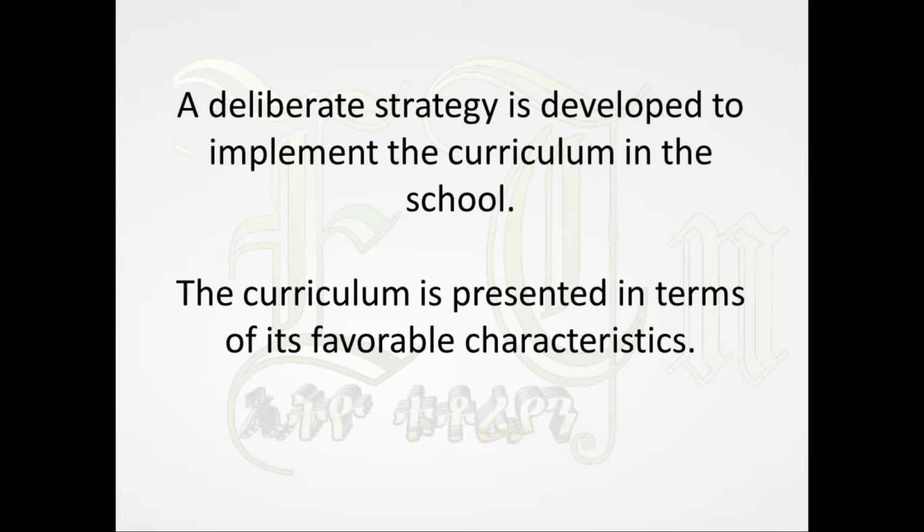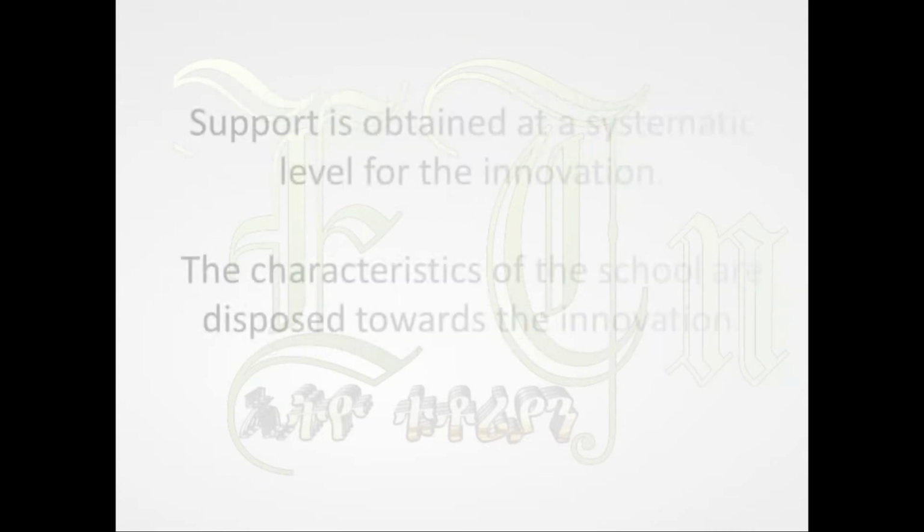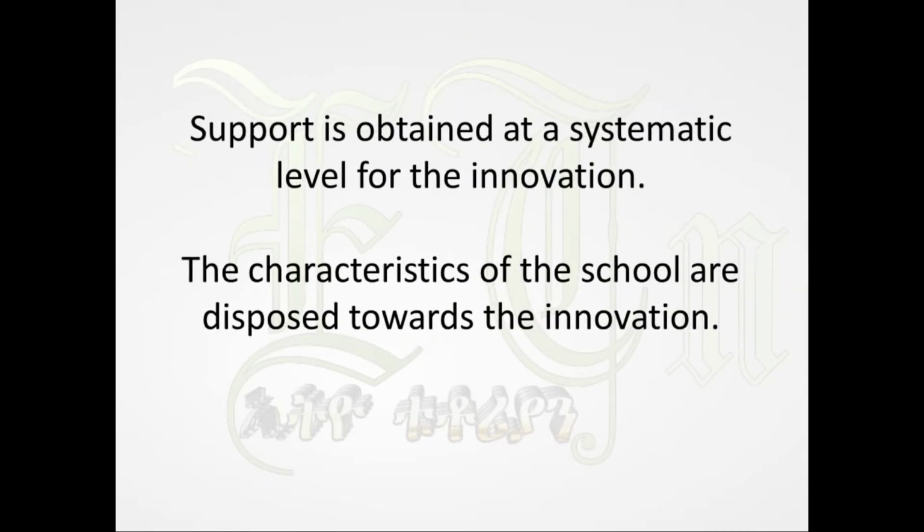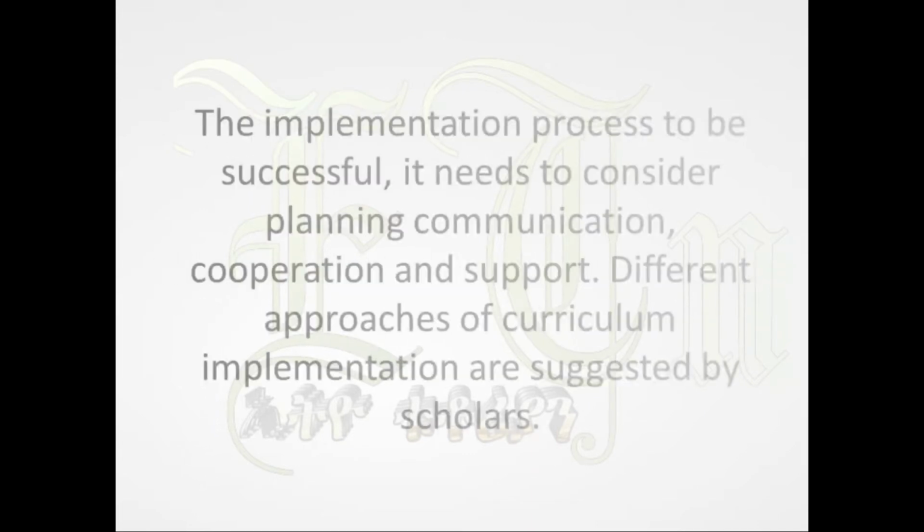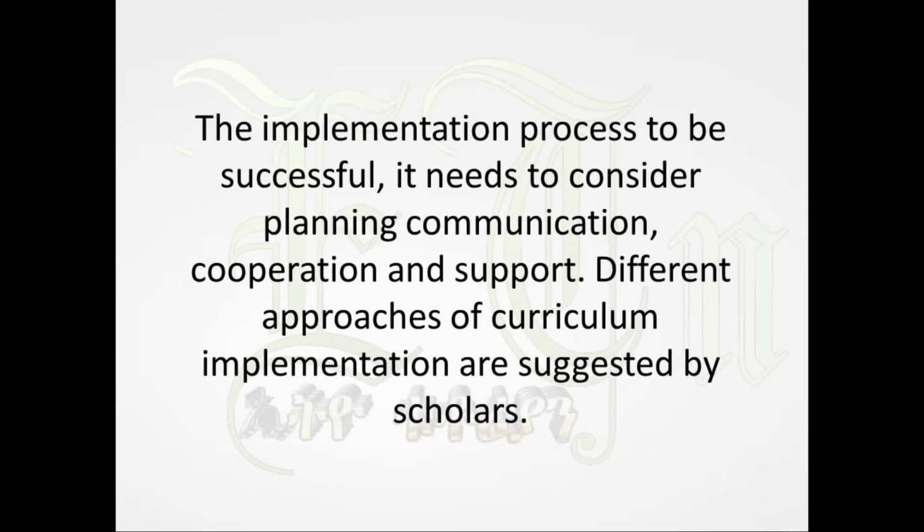The curriculum is presented in terms of its favorable characteristics. Support is obtained at a systematic level for the innovation. The characteristics of the school are disposed towards the innovation. For the implementation process to be successful, it needs to consider planning, communication, cooperation and support.